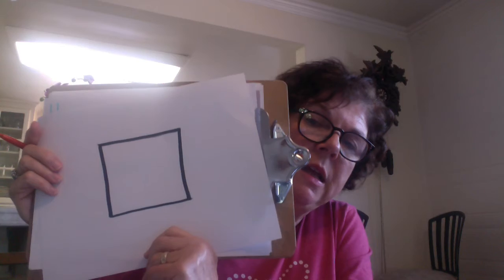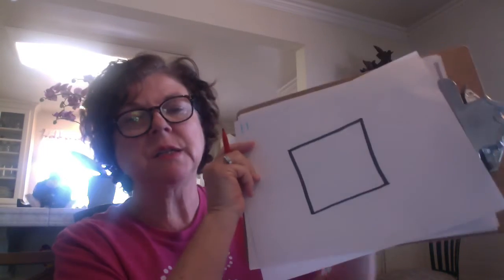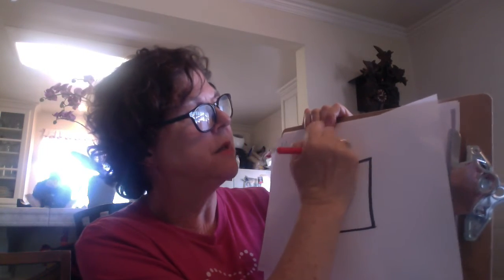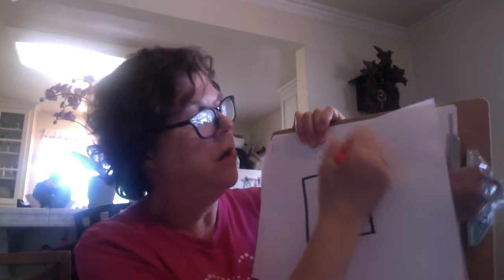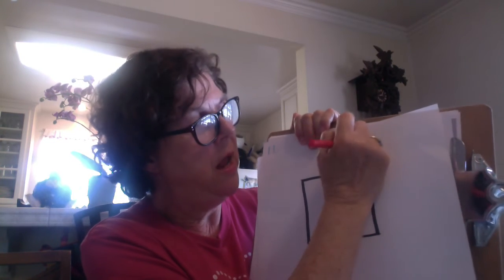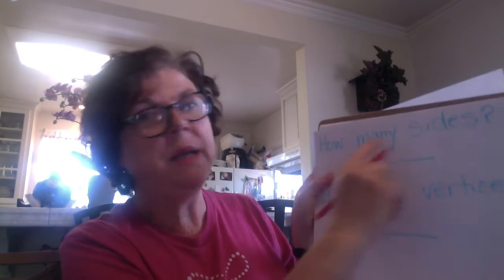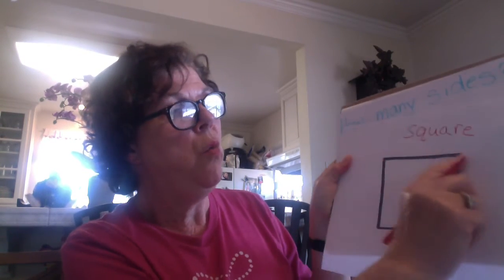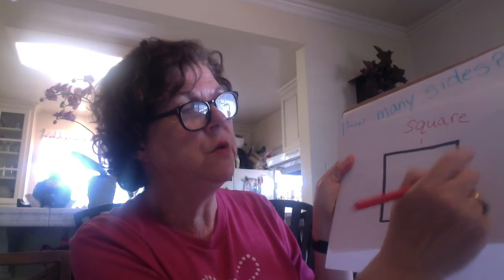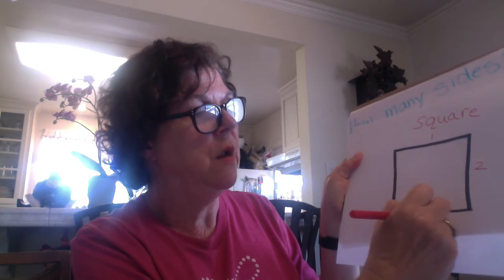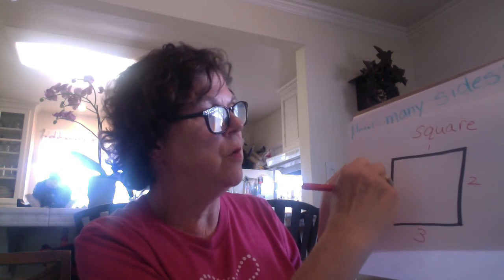And I have one more shape that we've looked at recently. I hope you recognize this shape. It is a square. S-Q-U-A-R-E. Square. Let's see, our first question. How many sides? Remember, the lines are the sides. 1, 2, 3, 4. 4 sides.